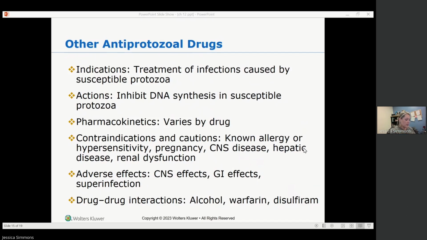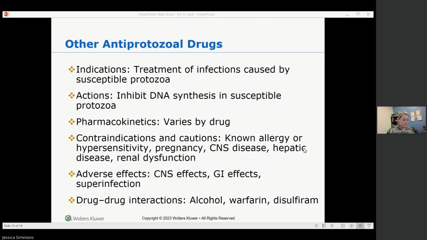So metronidazole is a broad spectrum antimicrobial with bactericidal activity against anaerobic microorganisms. Okay. The therapeutic use is the treatment of protozoal infections, anaerobic bacteria, and antibiotic-induced C. diff.